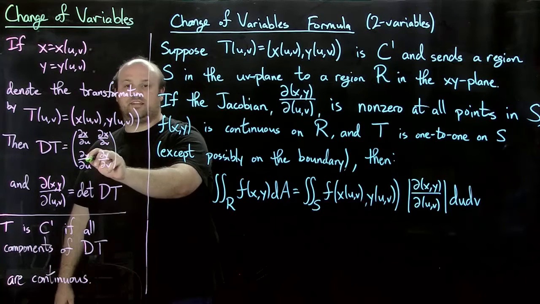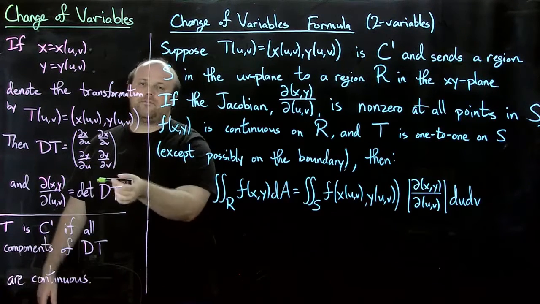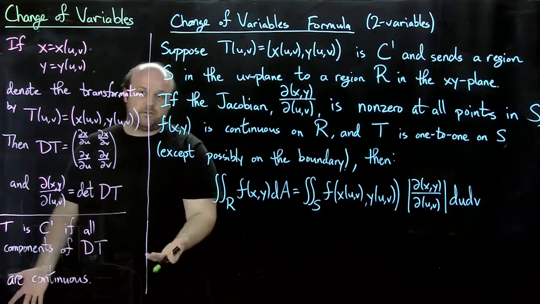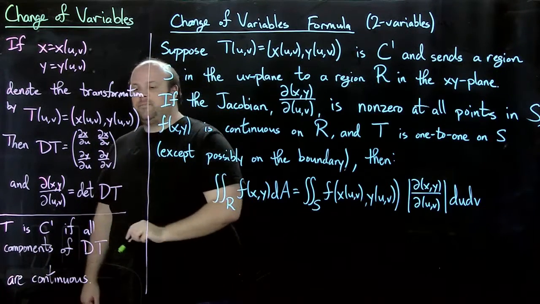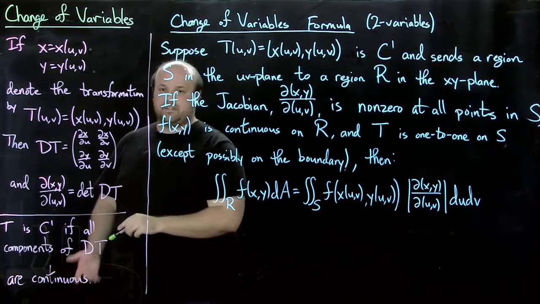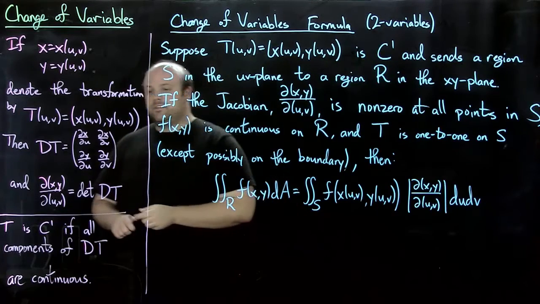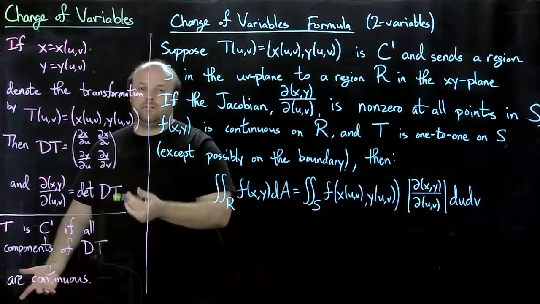In the next row, you take the second component and take all its derivatives, and then if there's a third, fourth, fifth component, and so on. But for 2 by 2, it's just this. Then the Jacobian is just the determinant of this derivative matrix, so you'll see that x_u y_v minus x_v y_u.